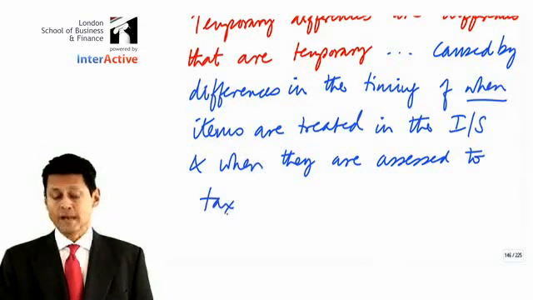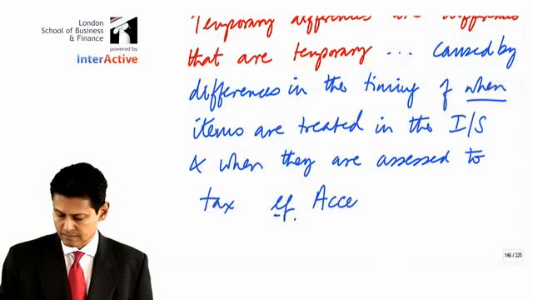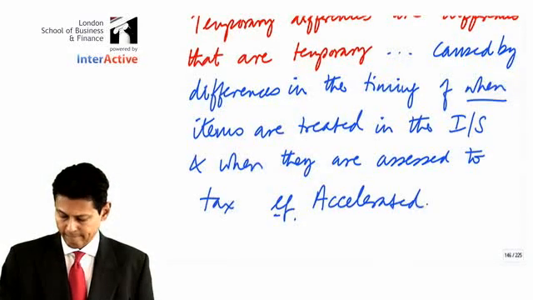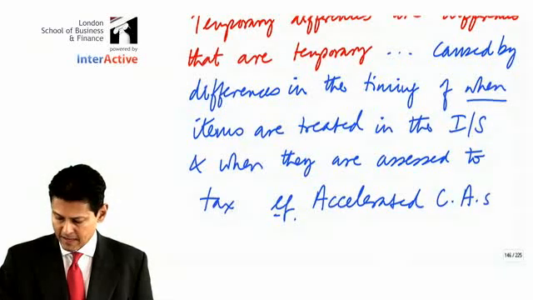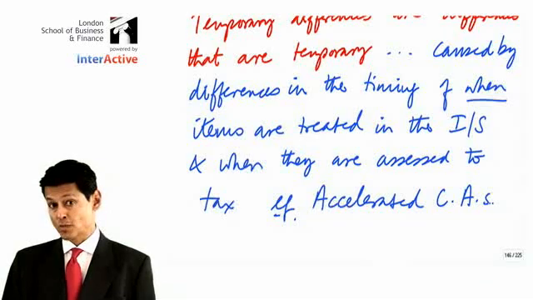The best example I can think of is something called capital allowances. Accelerated capital allowances, and some short-term timing differences as well.